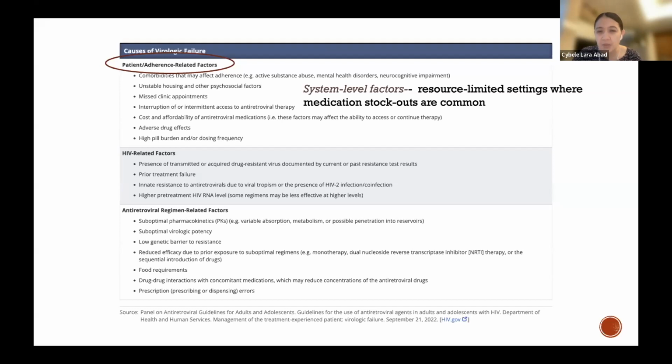This is something we have no control over, but it's very frustrating because it also leads to problems with virological failure, or even worse, the supply is there, but it's already expired. Many of our patients do not want to take near-expiring or expired drugs, and so it leads to a lot of stress and potential for virological failure in the future.